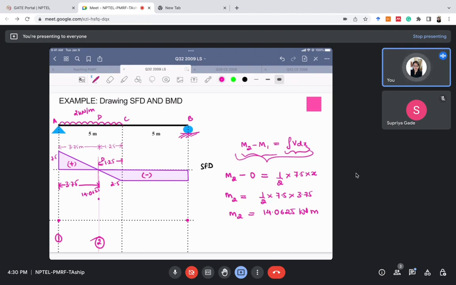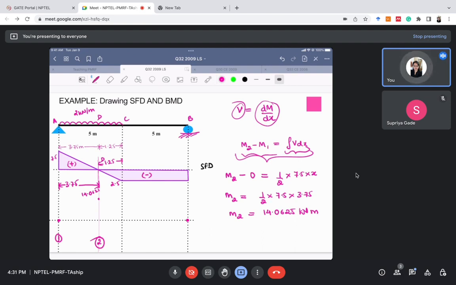But what will be the slope of this bending moment diagram in section 1 2? For calculating the slope, I'll again be using V equal to dM by dx, this formula. That is, the shear force at that section will be the slope of the bending moment diagram.